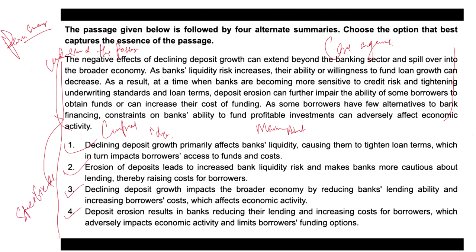So the main thing is you need to know how to eliminate wrong choices. Let's say these four options are given, option A, option B, option C, and option D. Option A might be including unnecessary details that were present in the passage but are not essential to its main idea.